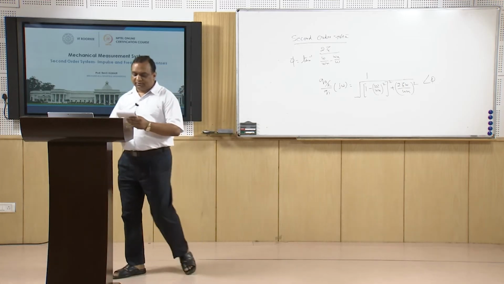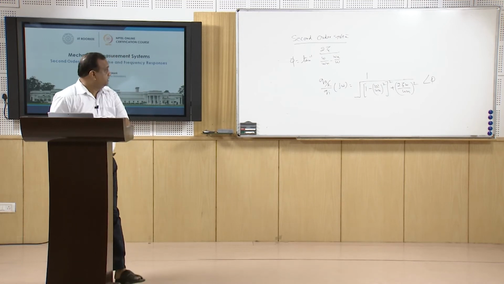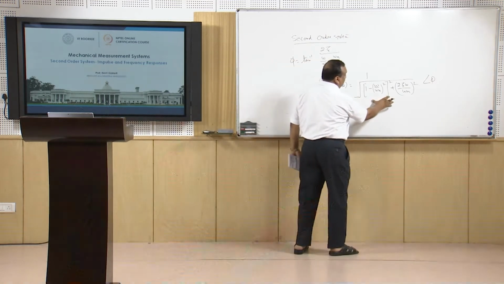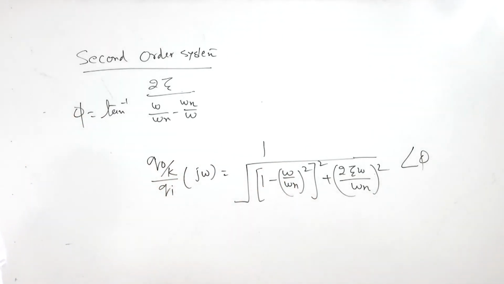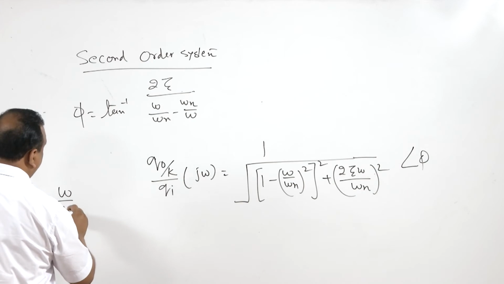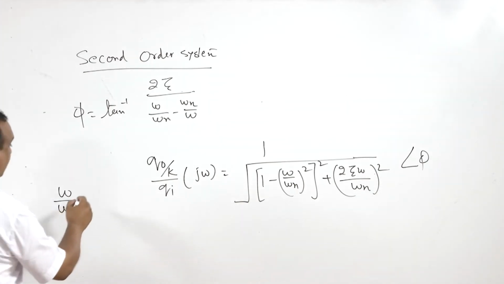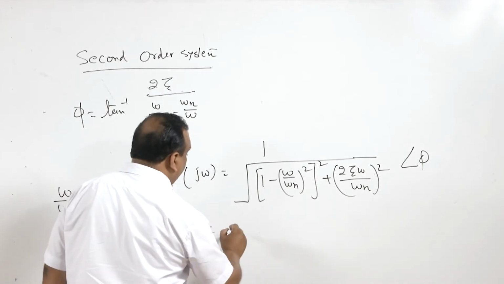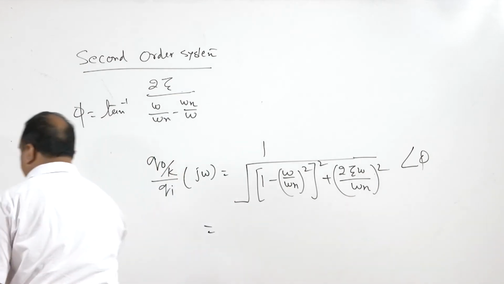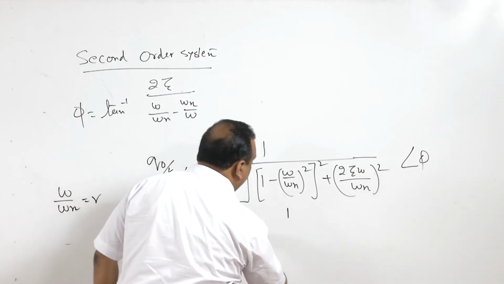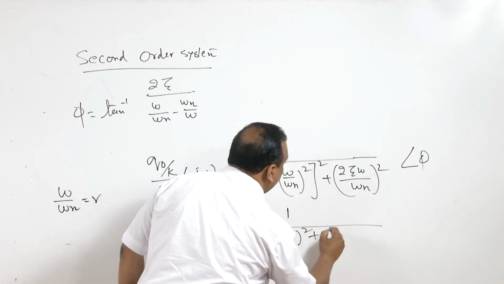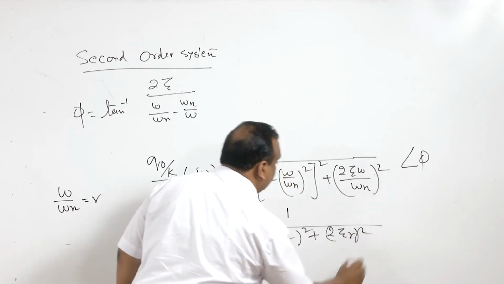So now we have the expressions for both the values. This is amplitude ratio and this is phase angle, phase lag. If we replace omega by omega n with r for the sake of convenience, then this is going to be one by under root (1 minus r square) whole square plus (2 zeta r) whole square.